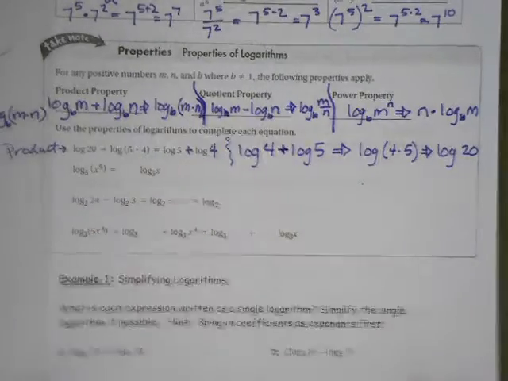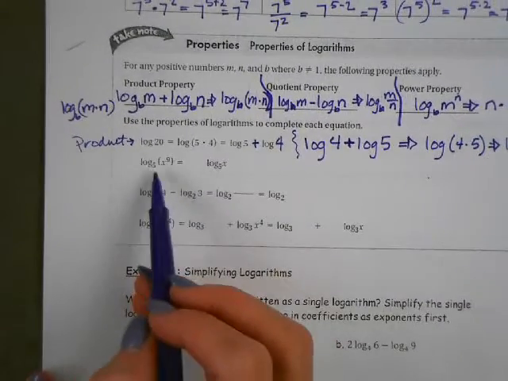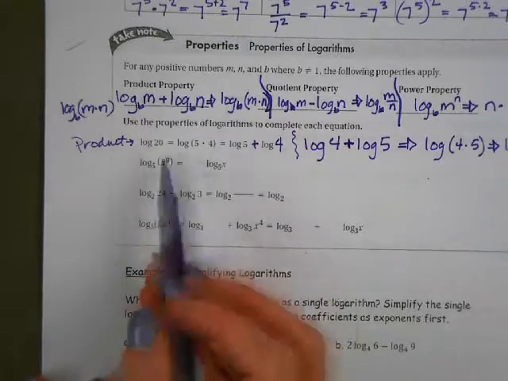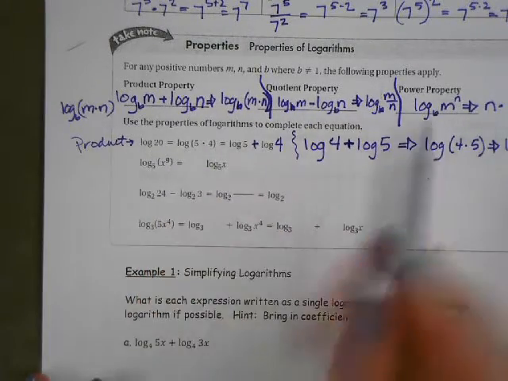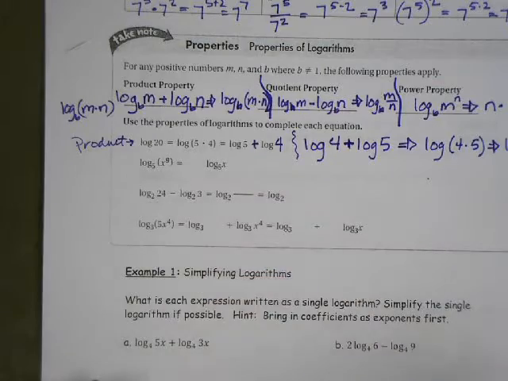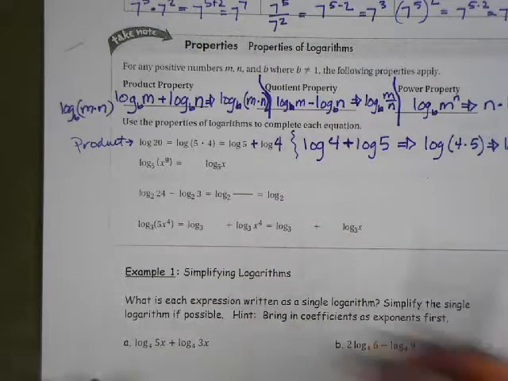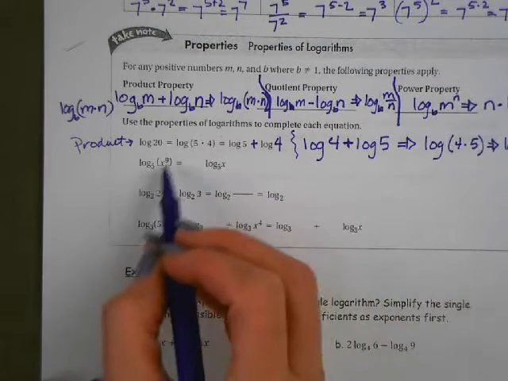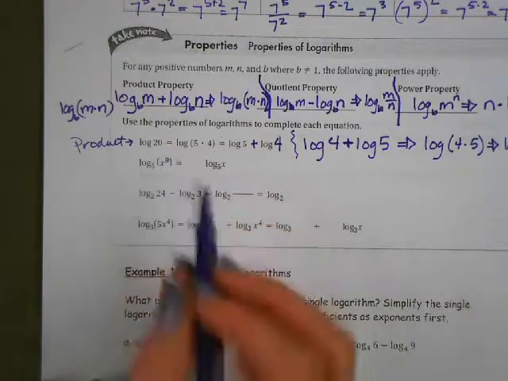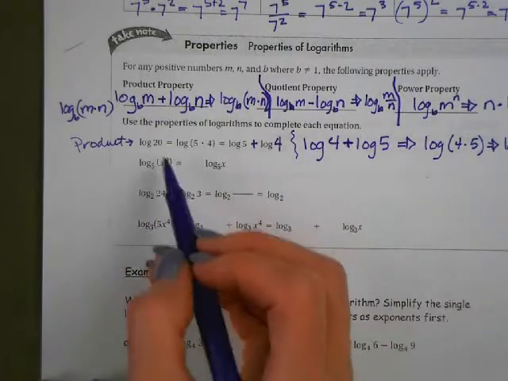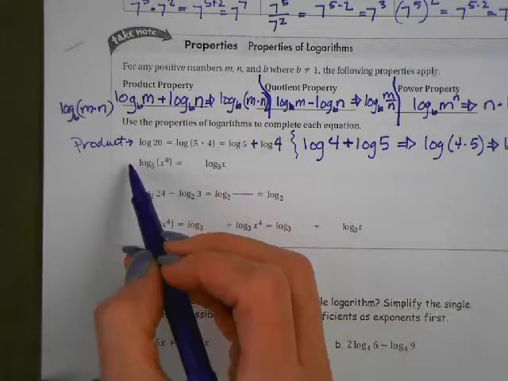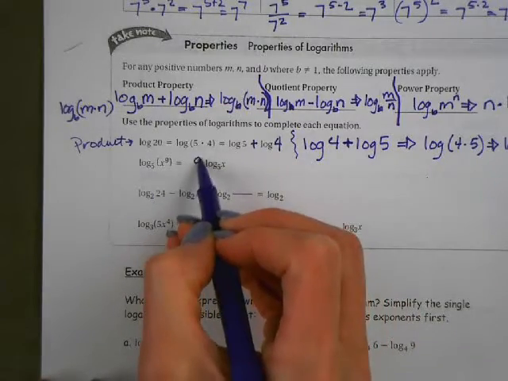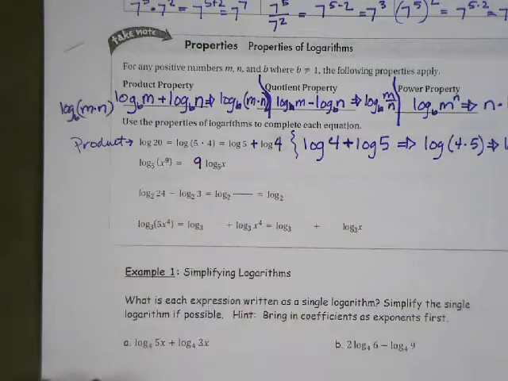Alright, so looking at this one, log base 5 of x to the 9th. If you look at the 3 properties we just talked about, which one do you think applies? Power. Yeah, it's going to be the power property, because I have x to the 9th power. I have something being raised to something. So the power property says take the exponent and pull it to the front. So I would rewrite this as 9 log base 5 of x.